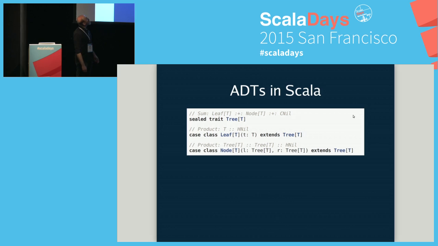Because the root trait is sealed, there is a fixed set of types which it can be extended by, and we can view those as a kind of disjunction. Anything which is a tree is going to be either a leaf or a node.